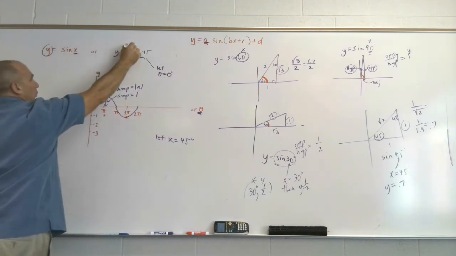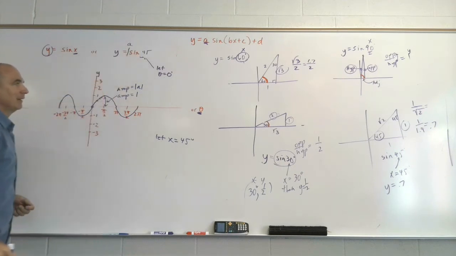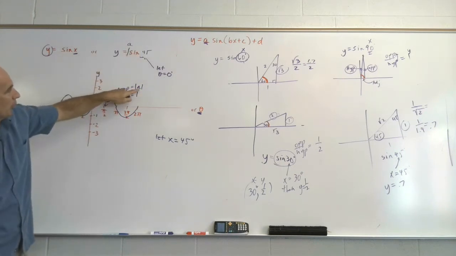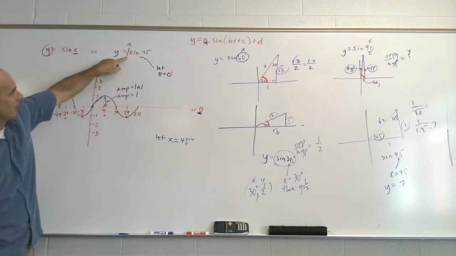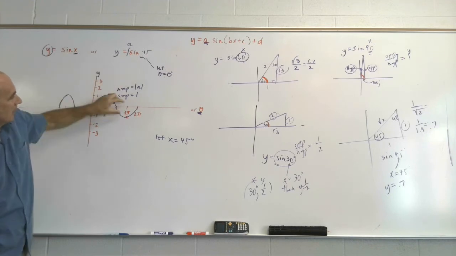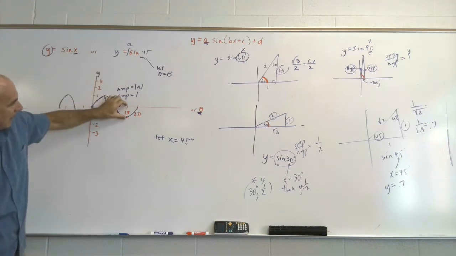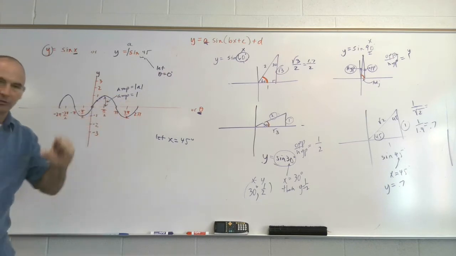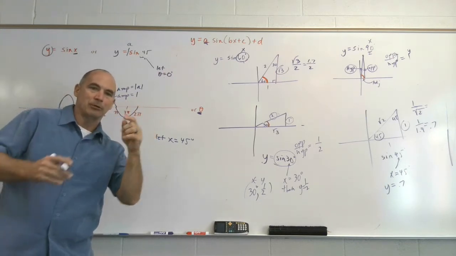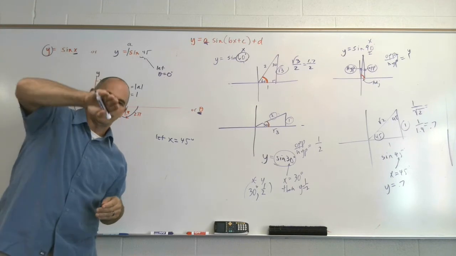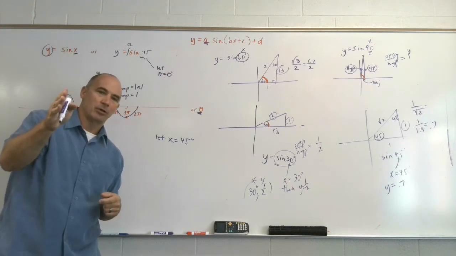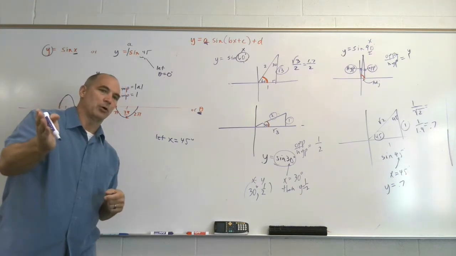Isn't there an invisible 1 right here? And that would be my A. So in a formula world, it would tell me, hey, take the absolute value of that, and it's going to be 1. See, some people might think of this as a negative 1, but don't think of it that way. It's just 1 down. So the amplitude is 1. That's the height of the curve above the x-axis, or how low it goes below the x-axis.